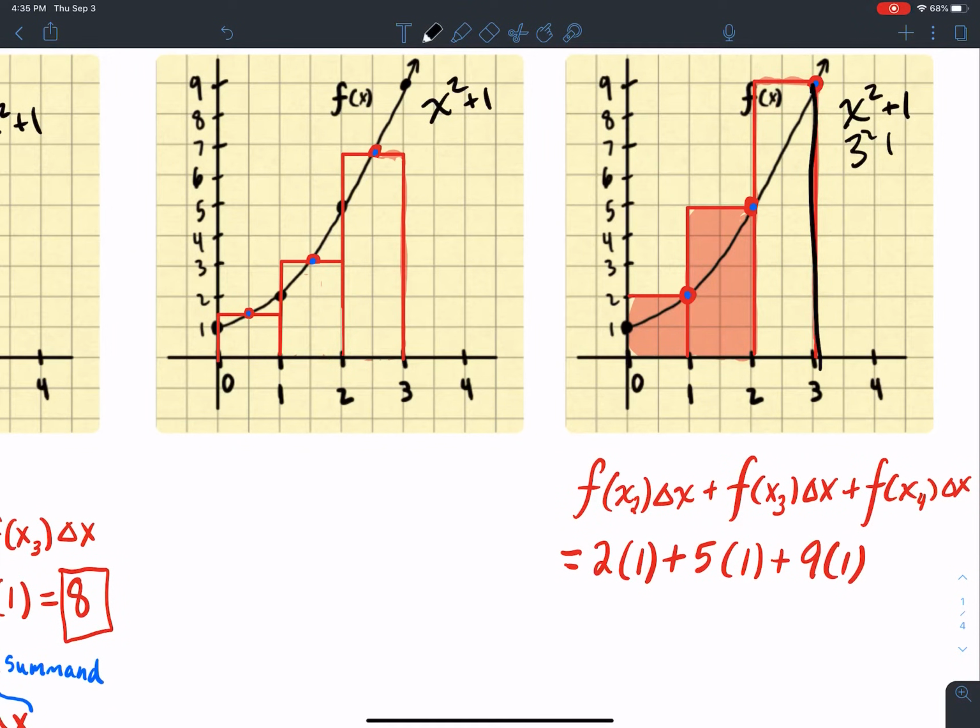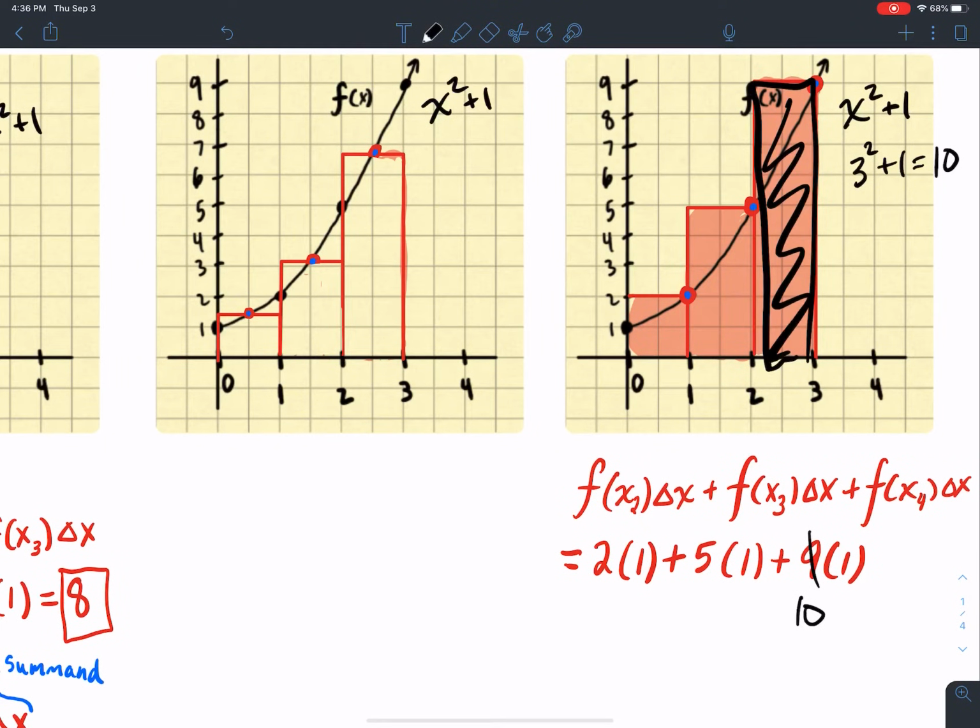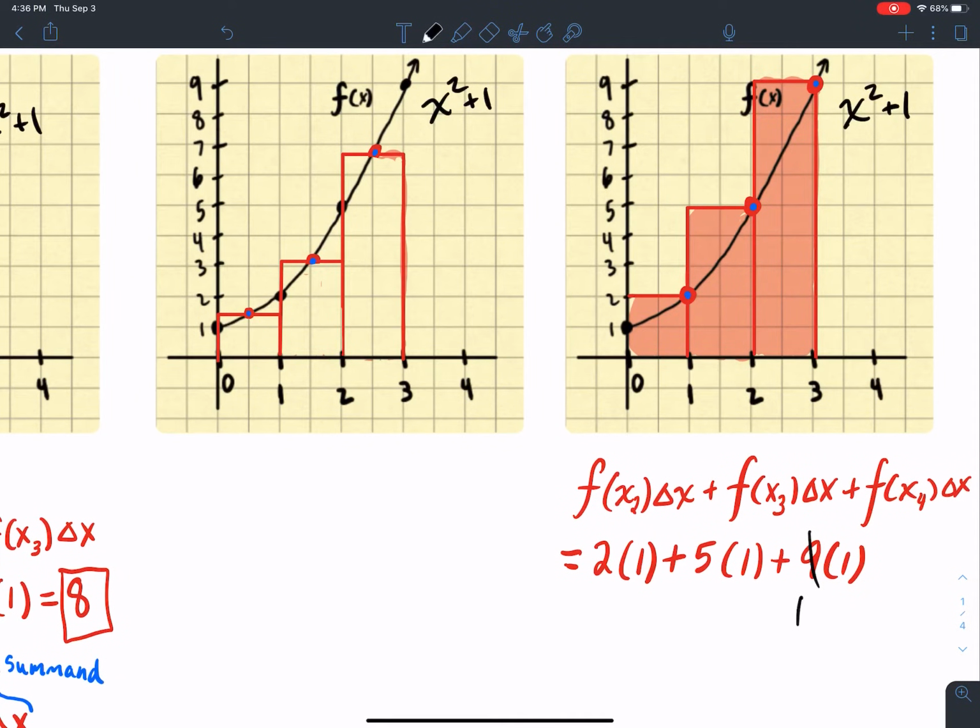Okay, sorry about that. That should actually be 10 right there. 3 squared plus 1 gets me 10. So 10 times 1 for the area of this rectangle is going to be 10.